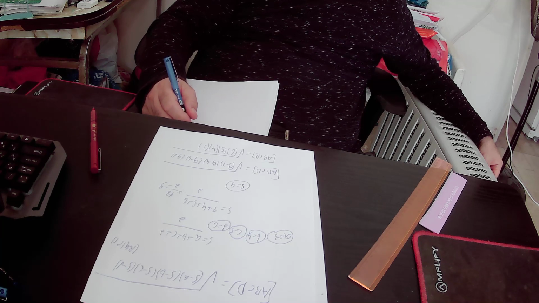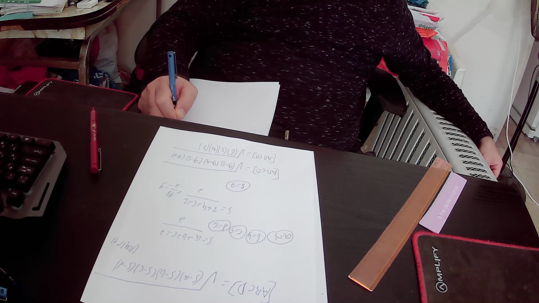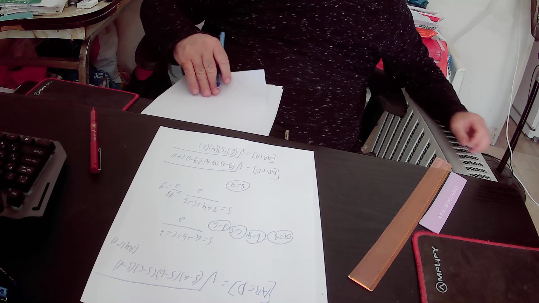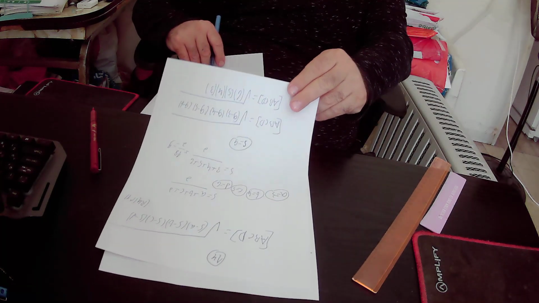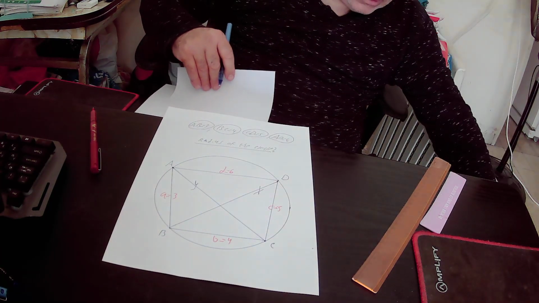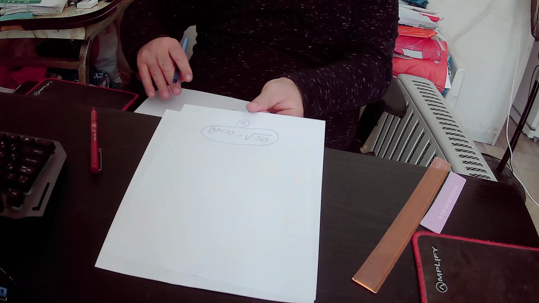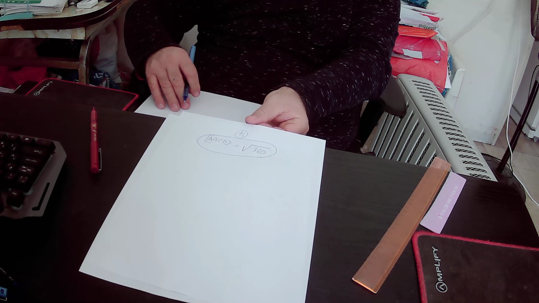So we found out that the area of quadrilateral ABCD equals the root of 360 square units. Okay. The area of quadrilateral ABCD equals the root of 360 square units.